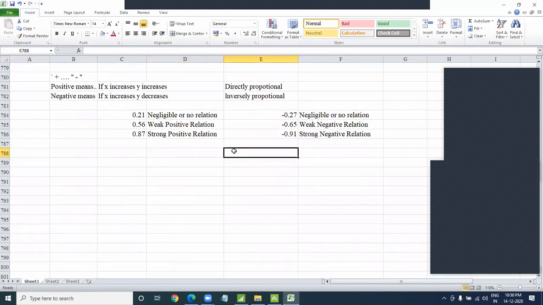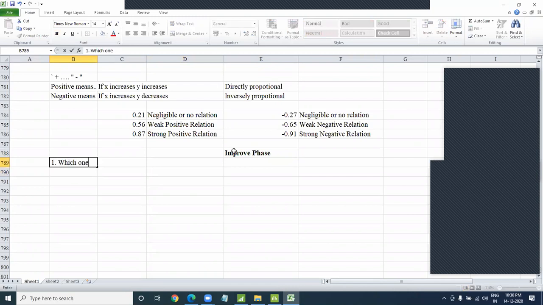In the improve phase, when we are done with finding the root causes, we understand which ones are the real ones impacting the business problem. We would first like to understand which one out of these identified root causes is most critical. I would like to understand which one is more important.